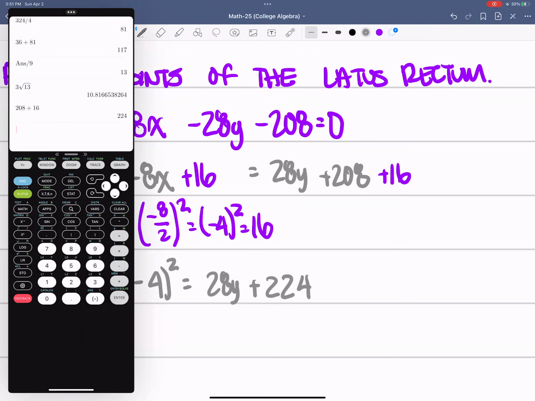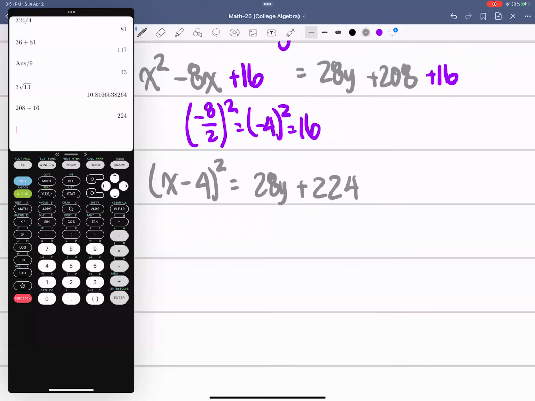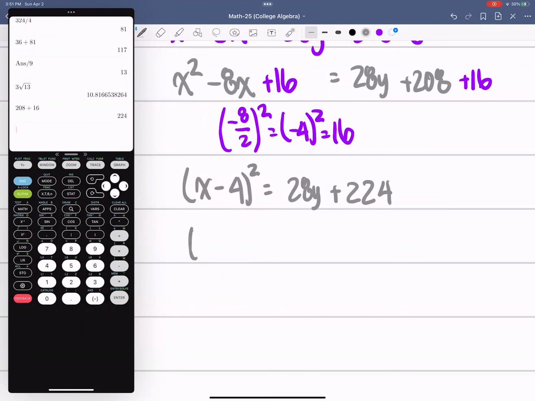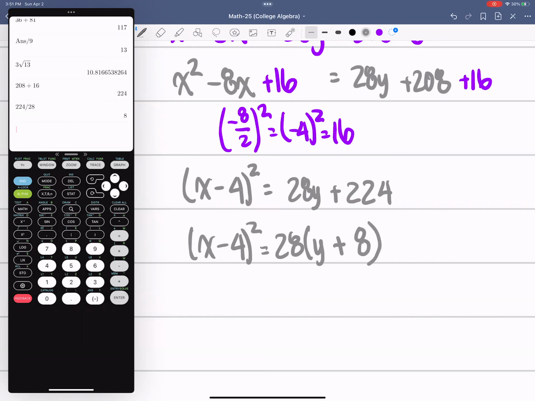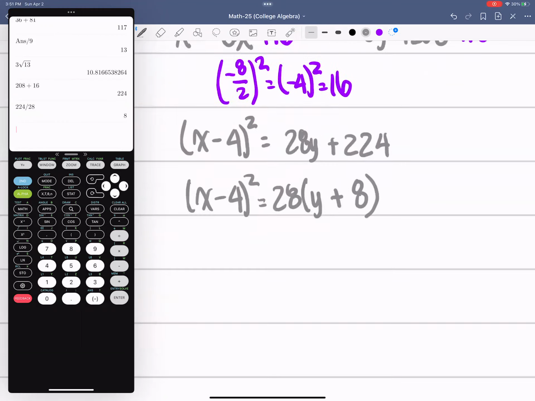Okay, so now let's factor out a 28 from the right side. x minus 4 squared is equal to, factoring out a 28, it's going to leave us with y plus 224 divided by 28. Perfect, 8. Scared me a little bit, but it's okay.